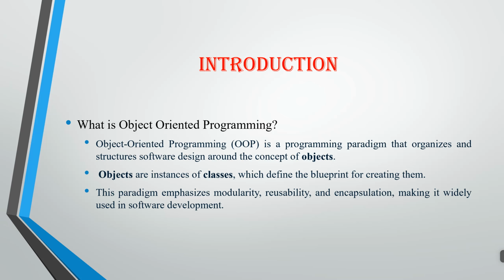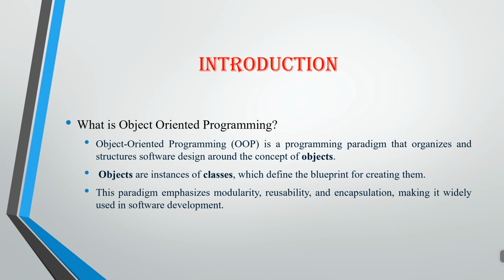Now why is this important? This concept of object-oriented programming is very helpful for developing a program using modularity, reusability, and encapsulation, which are all very important requirements for software development.